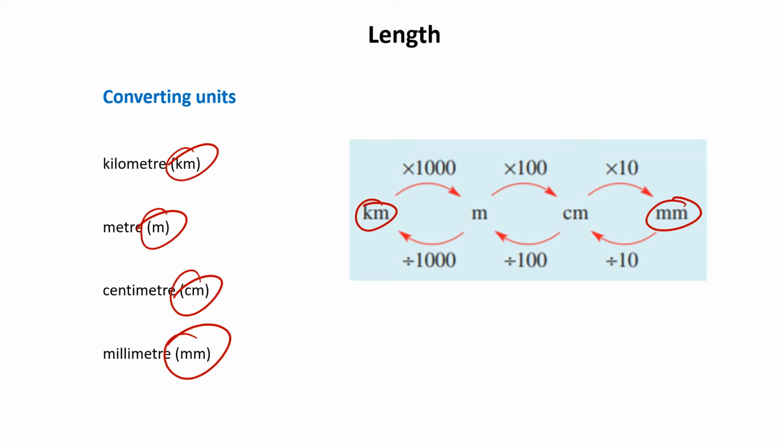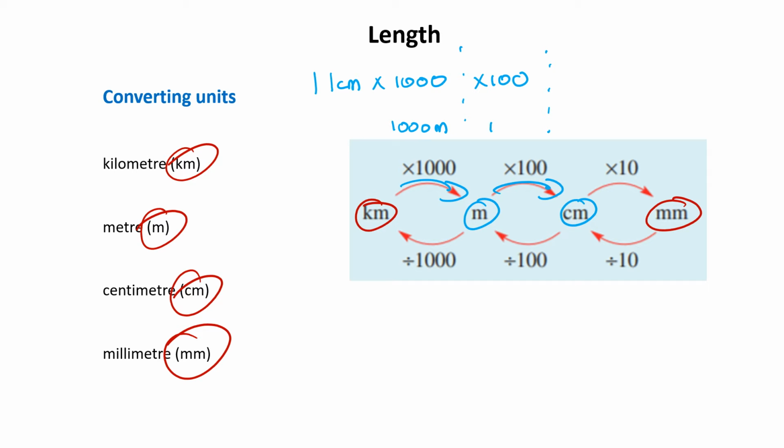Now, if I want to go from kilometer to millimeter, what I need to do is, if I start with 1 kilometer, if I multiply that by 1,000, I'll get how many meters that is. And that would be, I'm just going to write down here, 1,000 meters. Now, if I then wanted to go to centimeters, I'd multiply it by 100, and that would give me 100,000 centimeters. Okay.